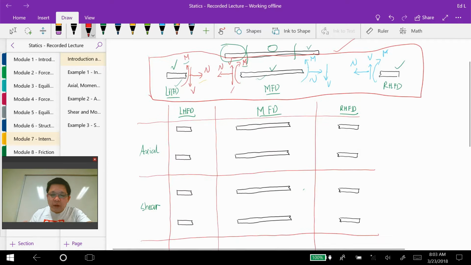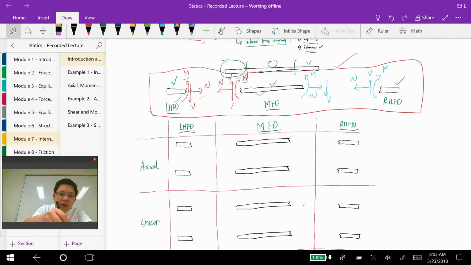For the axial force, we have learned that if we have this member, and we have a force that is going away from that member, we call that a tension force.